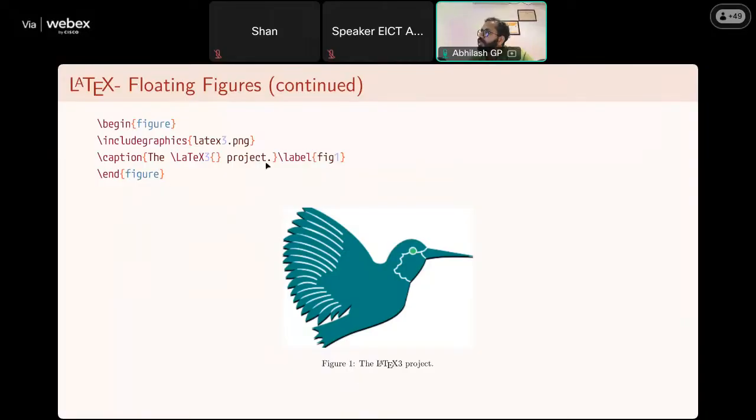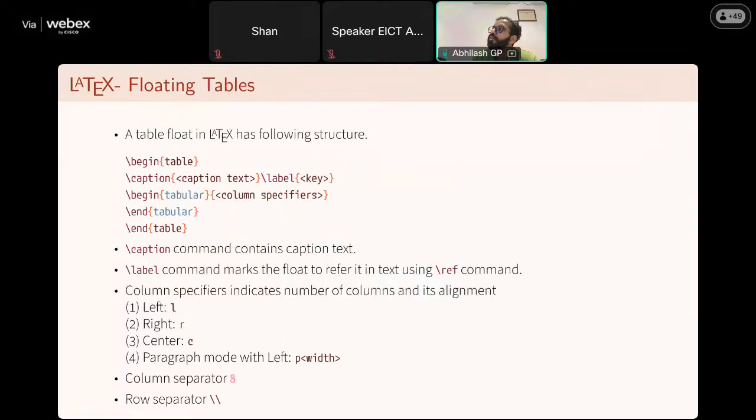So when we issue the \caption command, the string will be Figure, then the number in Arabic numerals, then the caption text. This is a simple coding for figure. If you add one more figure, it will be figure 2, 3 and so on. Hope it is clear for figure insertion in a text document.